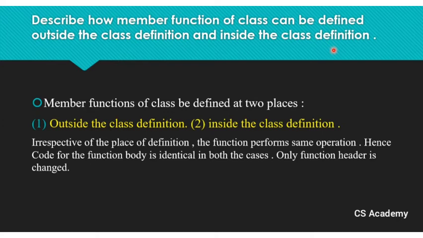The code related to that object, or the functions performed by that object, is declared or defined in the class. So there are two ways to define that function: into the class or outside the class.